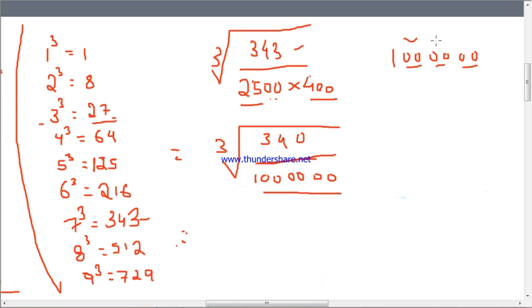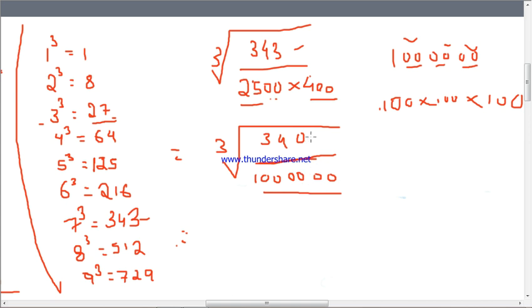That means if I multiply 100 into 100 into 100, the result is this number. This means that the cube root of this number is nothing but 100.